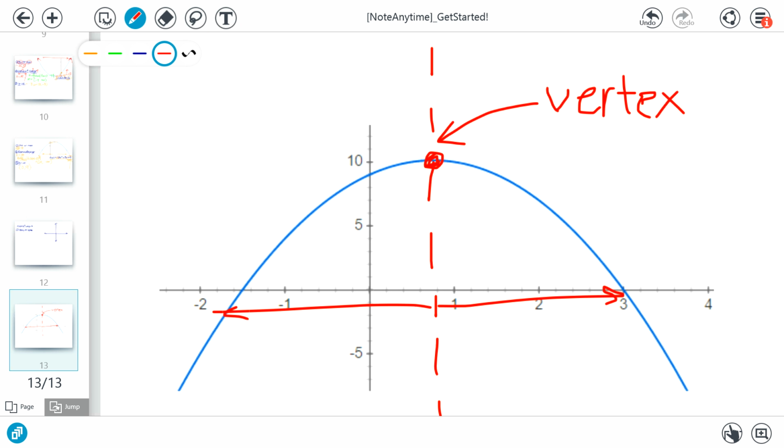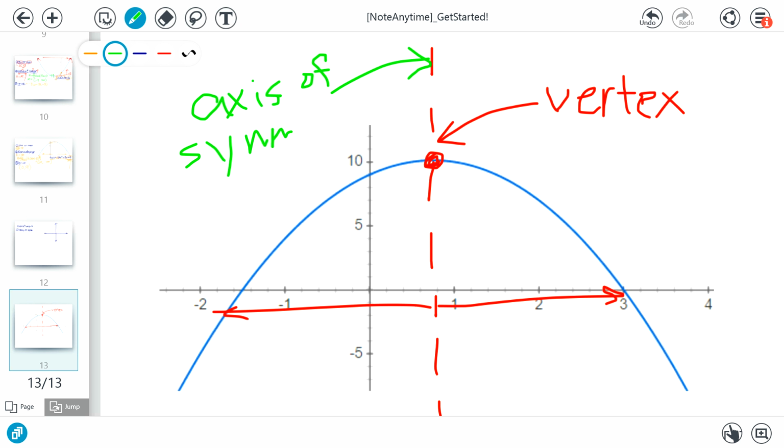That special line is called the axis of symmetry. I know that's not the best handwriting ever, but you know what I'm trying to say. And in class, I'm probably going to abbreviate it to AOS, just because I am that lazy.